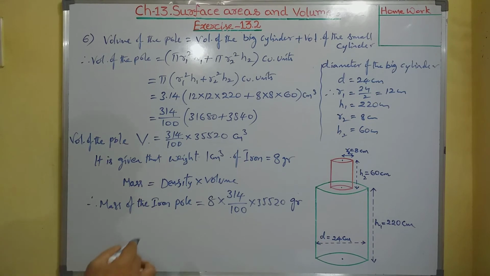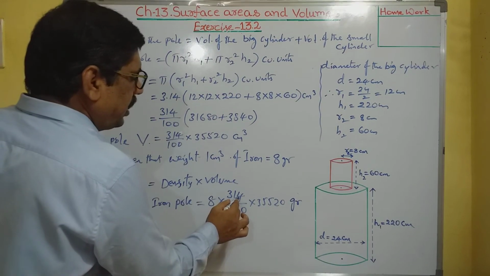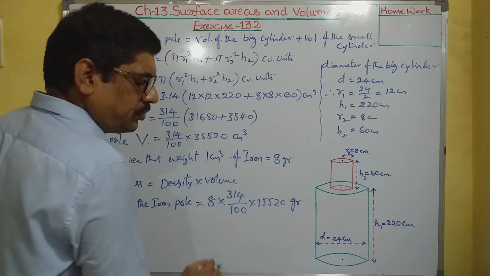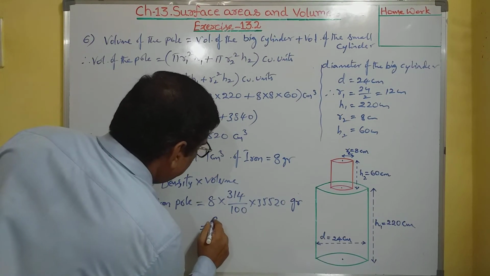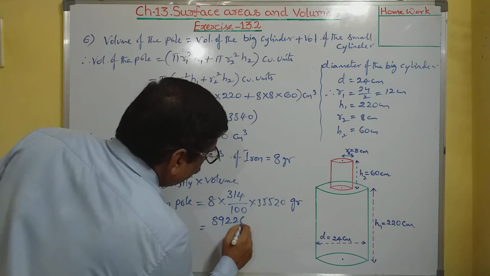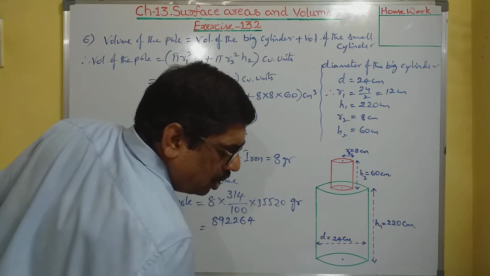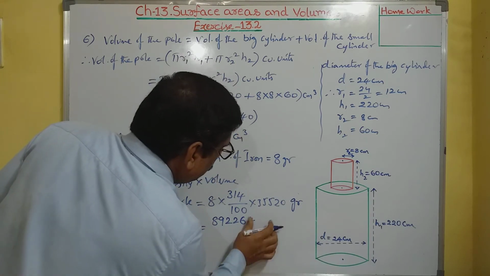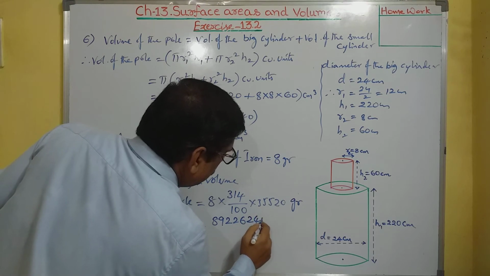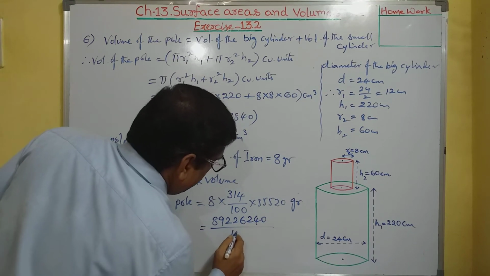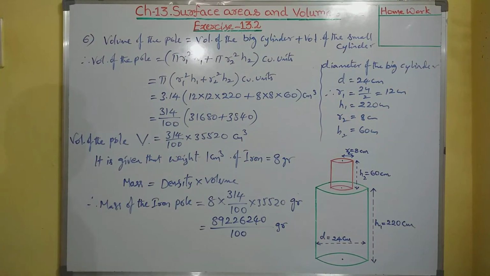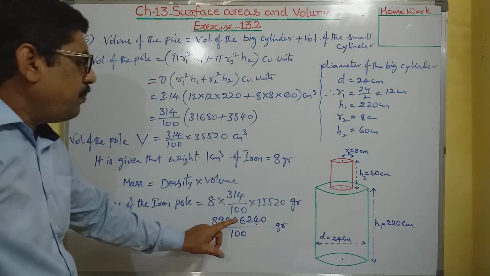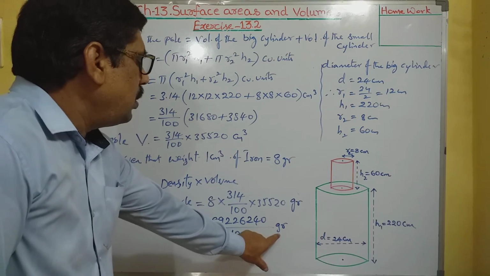By multiplying 8, 314 and 35,520, we get 892264, and the remaining digits, by 100 grams. So this is in grams.